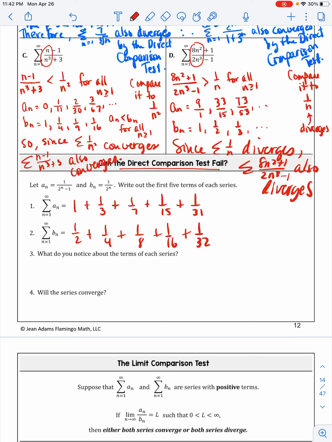For our b sub n, we would have 1/2, 1/4, 1/8, 1/16, and 1/32. What do you notice about the terms of each series? Okay, well, your a sub n terms are larger than the b sub n terms.